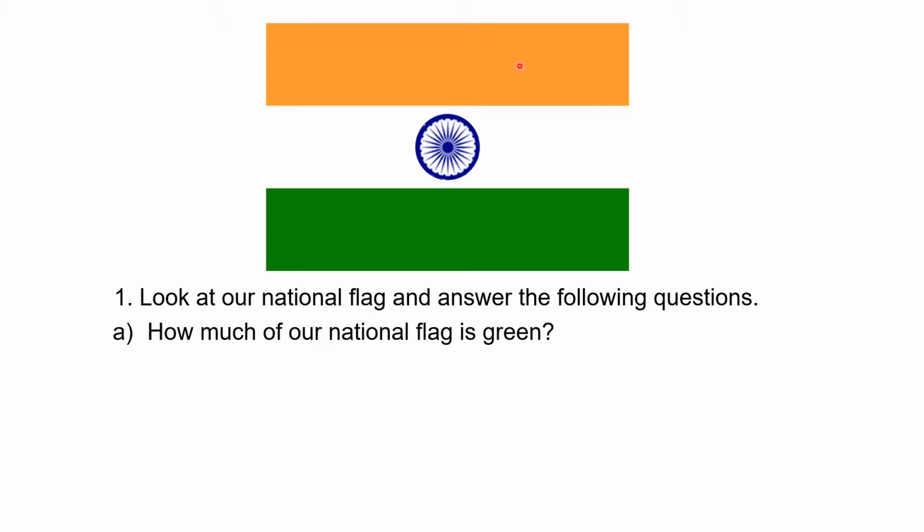At the top, it is saffron, in the middle, white, at the bottom, green. 3 equal portions are there in our national flag. Out of 3 equal parts, one part is colored green. So, 1/3 of our national flag is green.